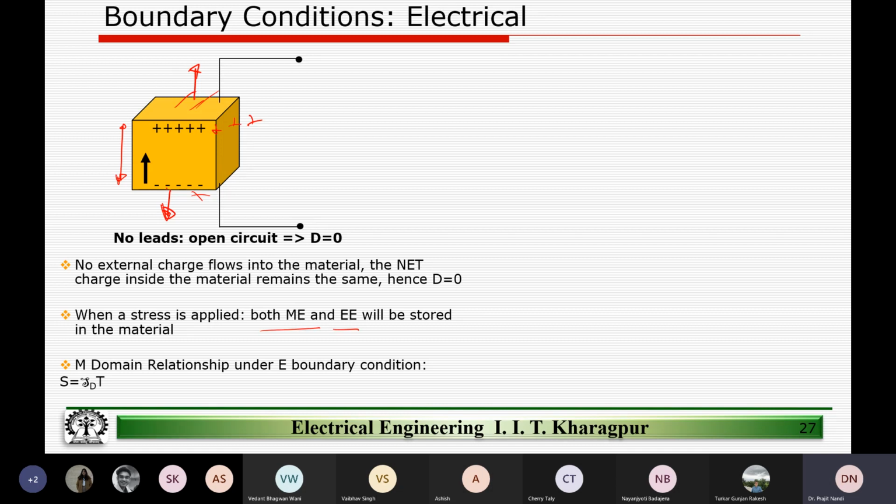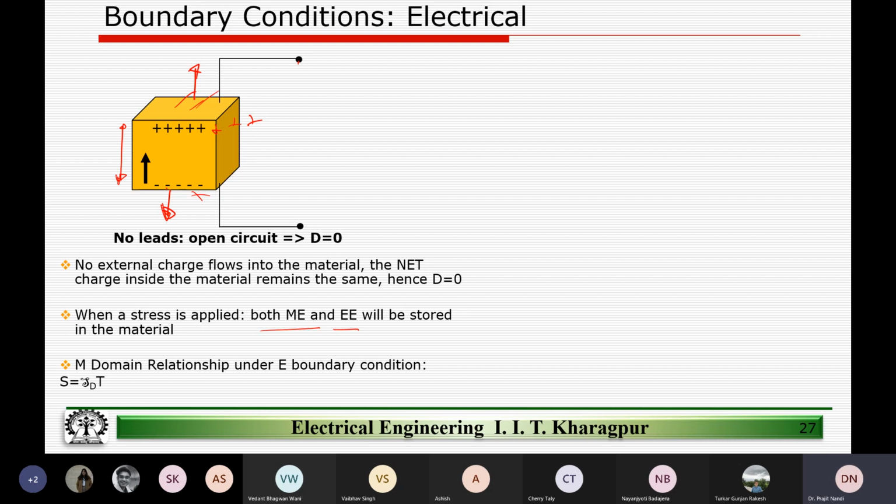What we are saying is, if the two terminals of the transducer are not shorted, there is an electrical change happening on the two surfaces, because of which, on top of the mechanical energy that we are storing, we are also storing electrical energy. So both electrical as well as mechanical energy will be stored.